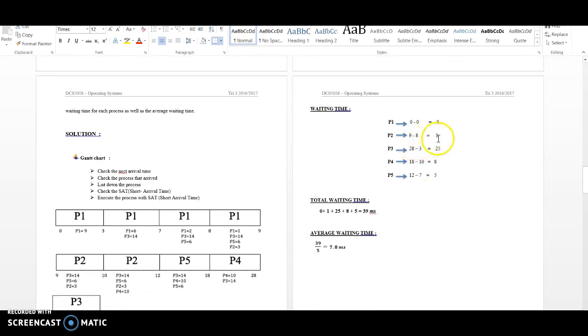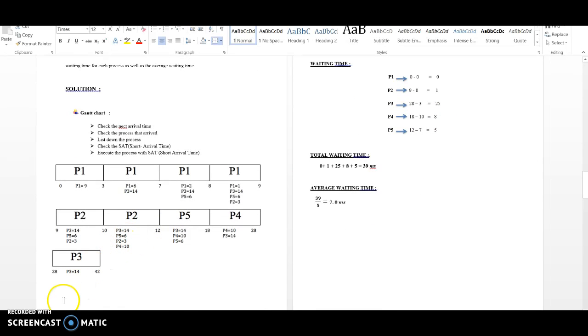So we get 1. The P3 is 28, so we minus 3, and we get 25. P4, you look here, 18, so minus the arrival time 10. So we get 8.